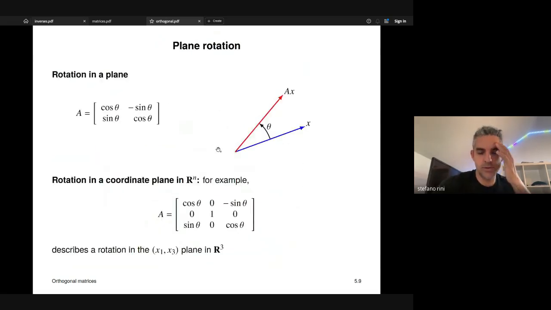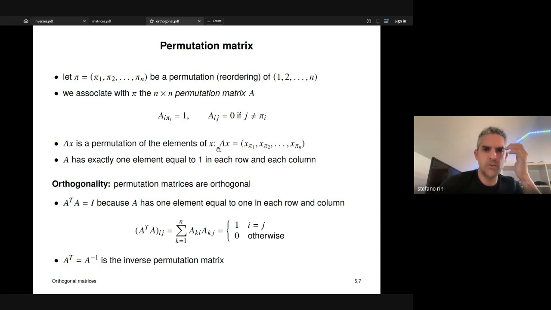The effect of the permutation matrix is to change the order of the elements without changing their values. Permutation matrices are all orthogonal, and it's intuitive because if you have a certain change of order, then when you take the transpose, you invert this ordering. So A transpose is equal to A to the minus 1.